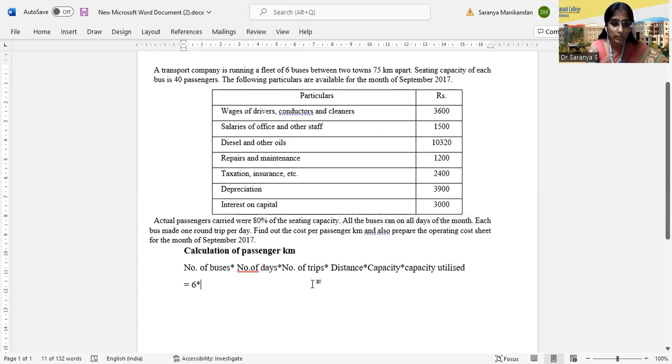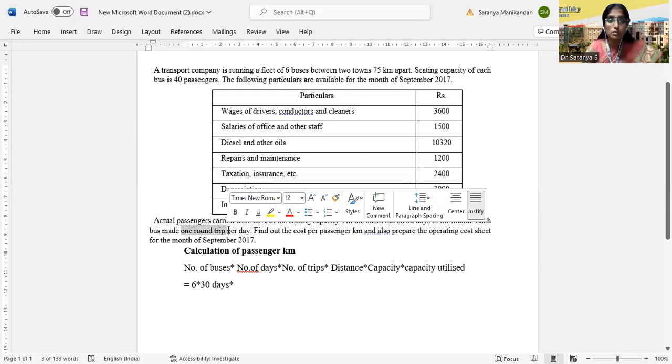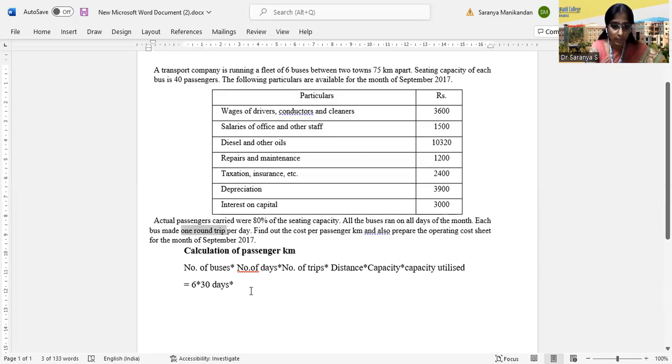So into 30 days. Then into number of trips. Each bus made one round trip per day. So number of trips is one round trip, into distance.